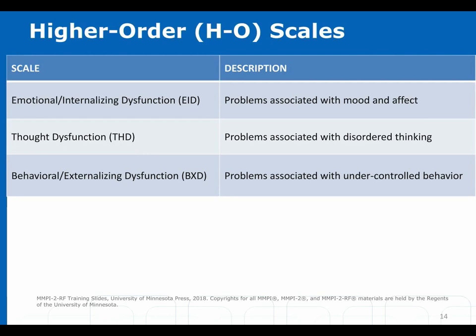So, for example, depression and anxiety, it's theorized that there's an internalizing construct under which both of those diagnoses fall. And so an individual who's high in internalizing is going to be likely to be diagnosed with both a depressive disorder and an anxiety disorder.